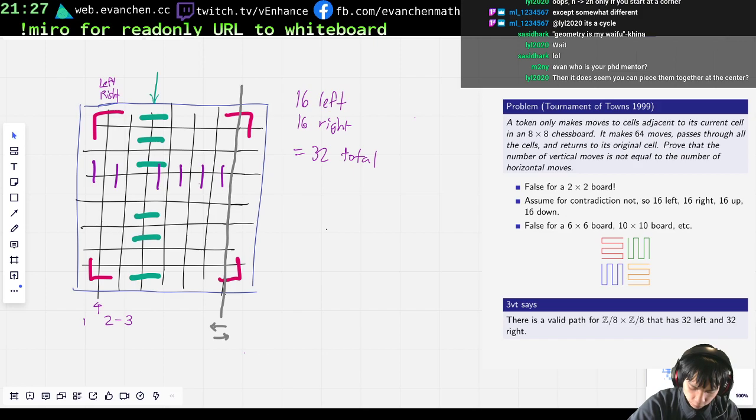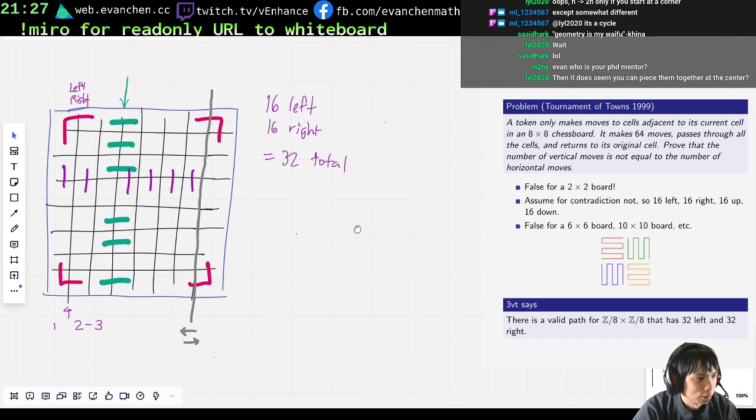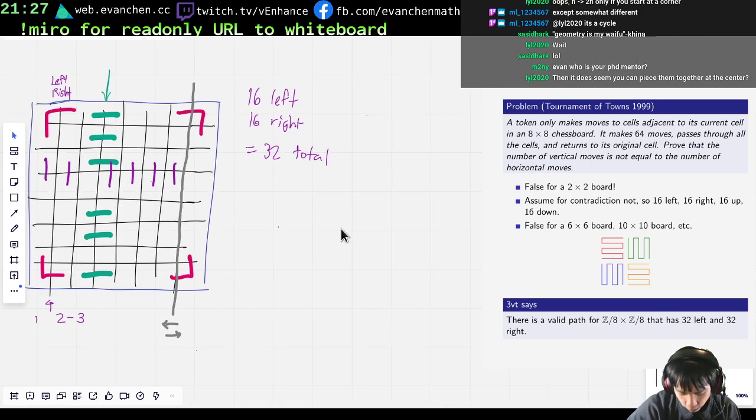Then it does seem you can piece them together at the center? Yeah, maybe. Let me think about that comment, because if this works for a 20 by 20, I'm going to be very salty.